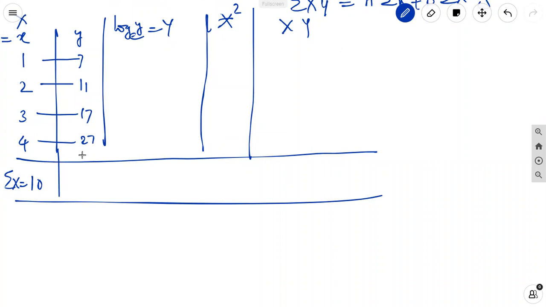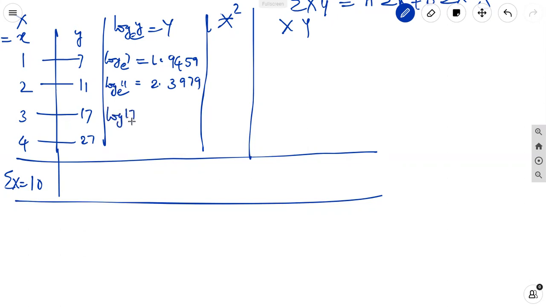Here, log y base e: the value of log 7 base e is 1.9459. Log 11 base e equal to 2.3979.